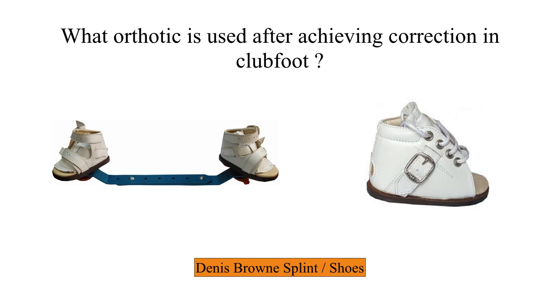When both the shoes are connected by a rod underneath, as given in the first picture, it is called Dennis Brown splint, and this is worn by the child until it starts walking. And once the child starts walking, you remove off the rod underneath and the child is wearing the Dennis Brown shoes alone, which is given on the right hand side of the picture.